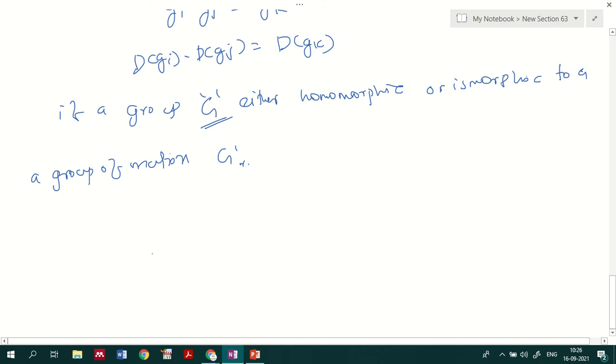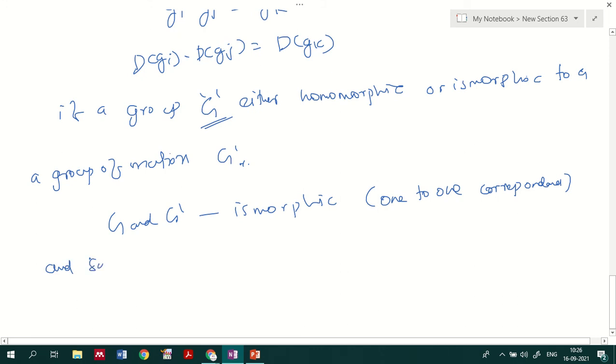And now if you have a case that G and G dash are isomorphic, in the last class we said that isomorphic means you can have a one-to-one correspondence. So if G and G dash are isomorphic, such a representation we call a faithful representation.